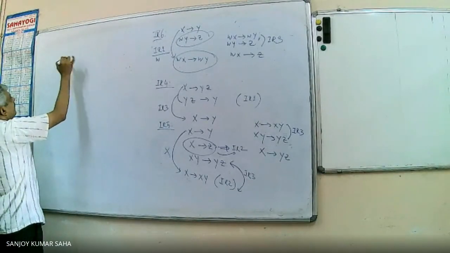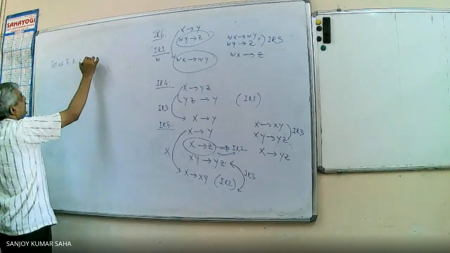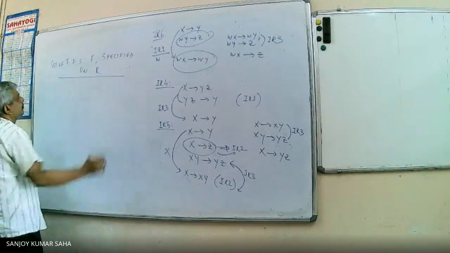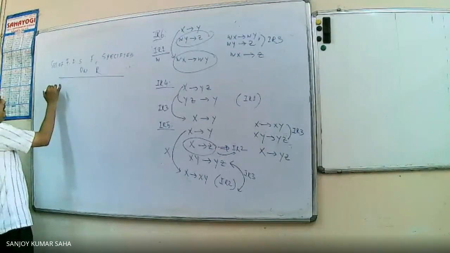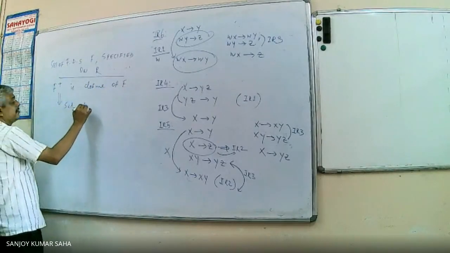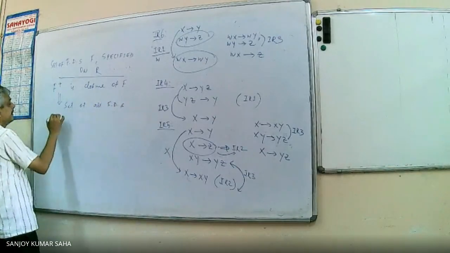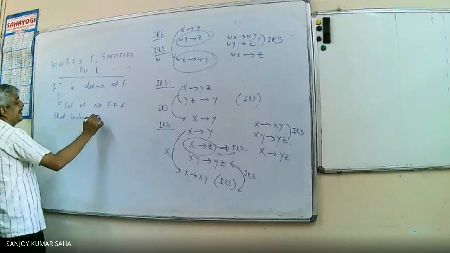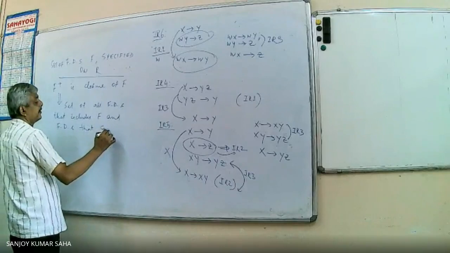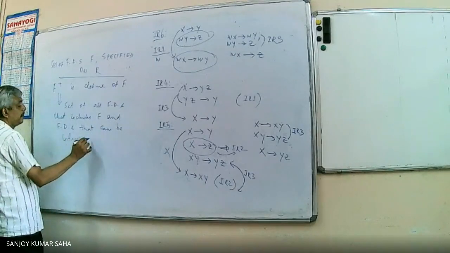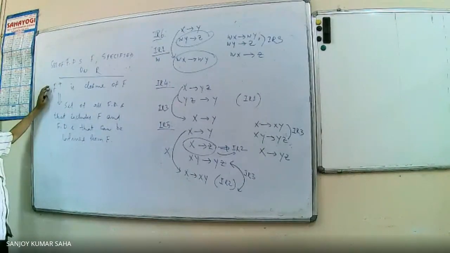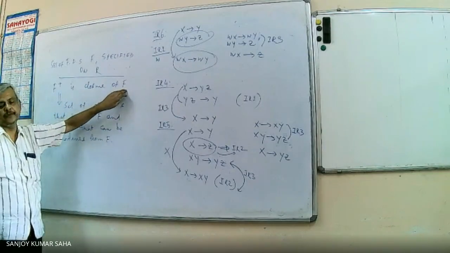Say set of FDs F specified on R. F plus is closure of F. It is nothing but set of all functional dependencies that includes F and FDs that can be inferred from F. So that will be the closure of F, all possible FDs that we can infer from the given set of functional dependencies.